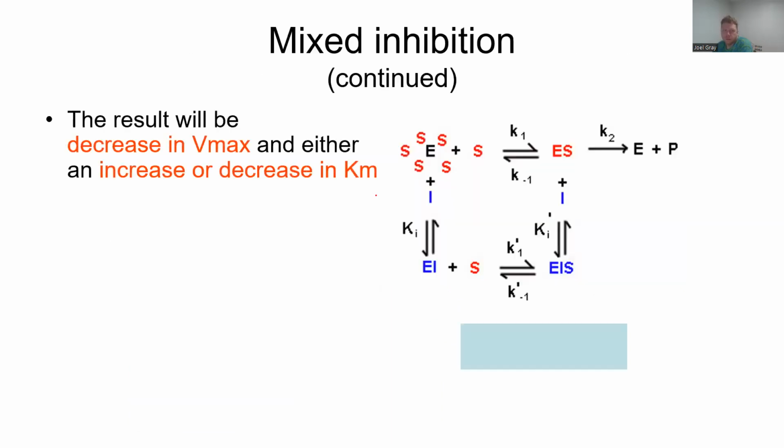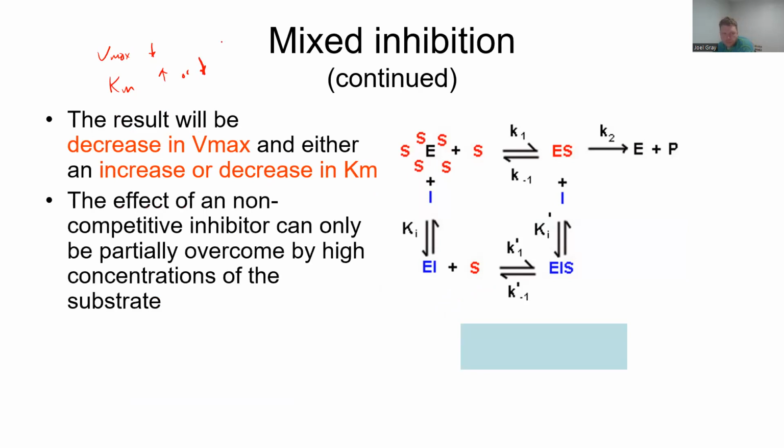Now, the result will be a decrease in Vmax for mixed inhibition and an increase or a decrease in Km. So Vmax goes down, Km could go up or down.